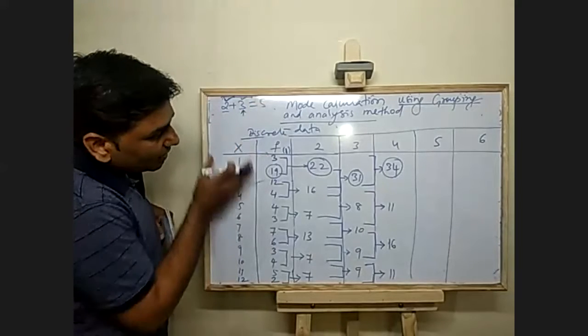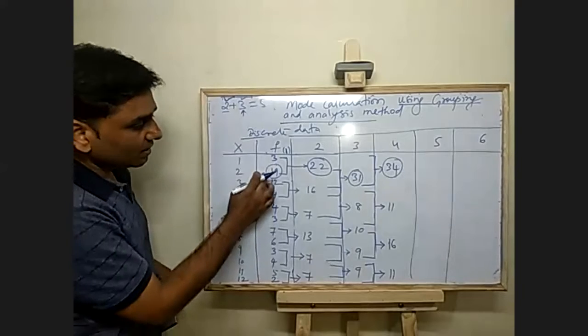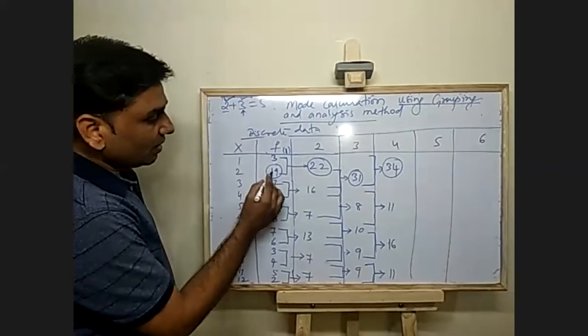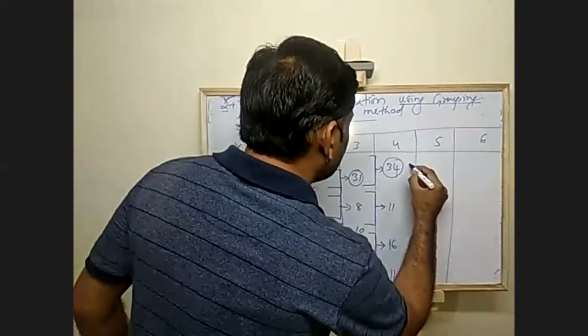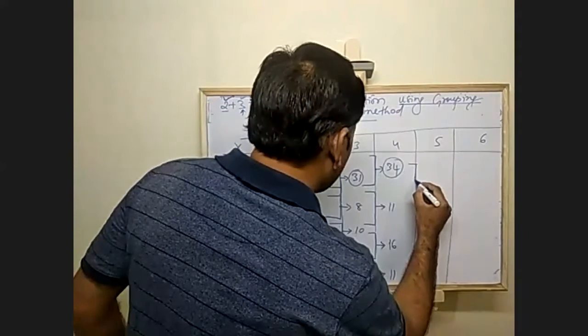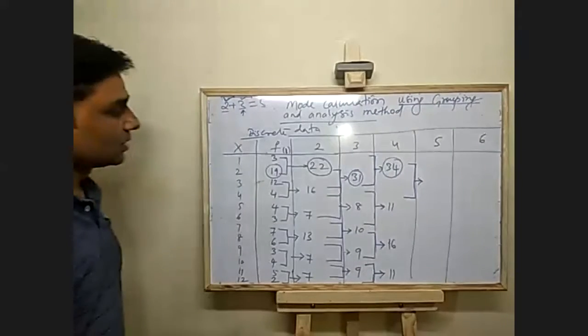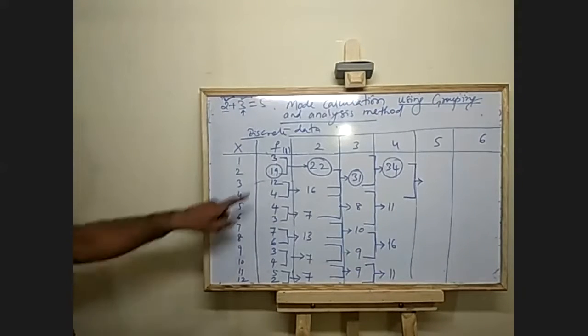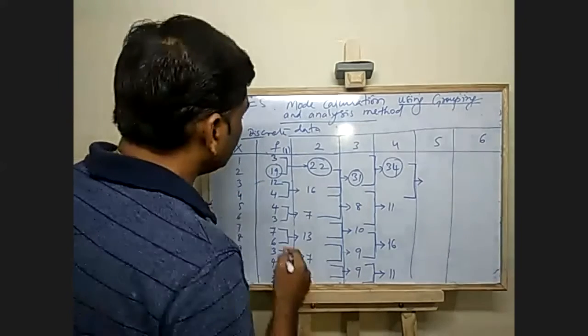Leave the first number, again 3 numbers, sum. So leave 3 and sum of these 3 numbers. Sum of 19 plus 12 plus 4. Okay. So 19 plus 12 plus 4 will give you 35.